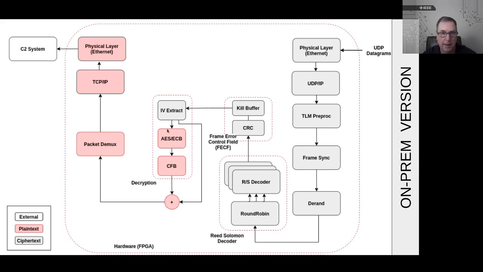The encrypted portion of the frame is forwarded to the decryption units, and the newly decrypted data is then reunited with the previously extracted plaintext data. This complete frame is then forwarded to a packet demultiplexer, which extracts the data packets and passes them back up through a TCP/IP stack to the physical layer and then onto the C2 system.